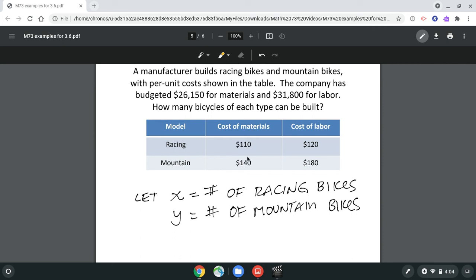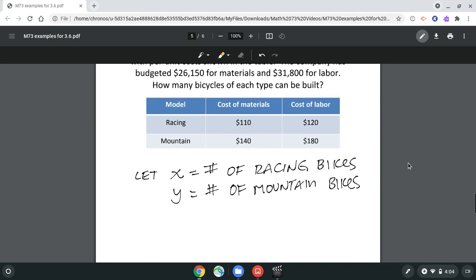And it's $140 for each of these, and they have a total of $26,150 to spend. So here's our first equation. So 110 times X plus 140 times Y equals 26,150. Okay, this is how we would figure out the total cost for materials.